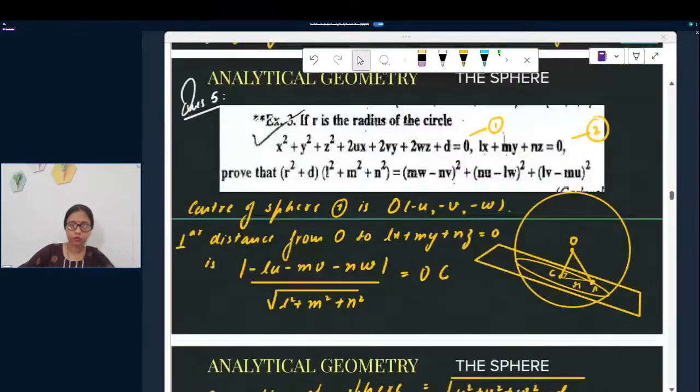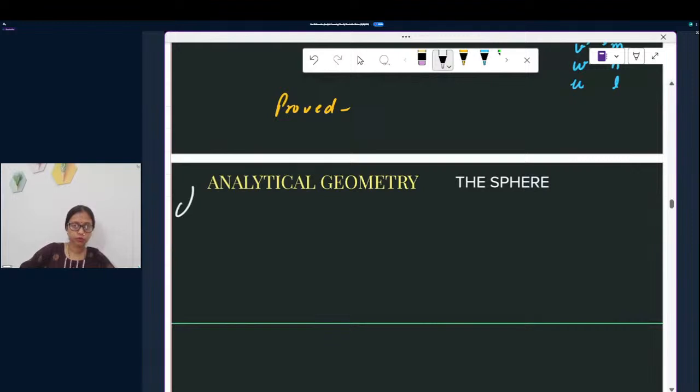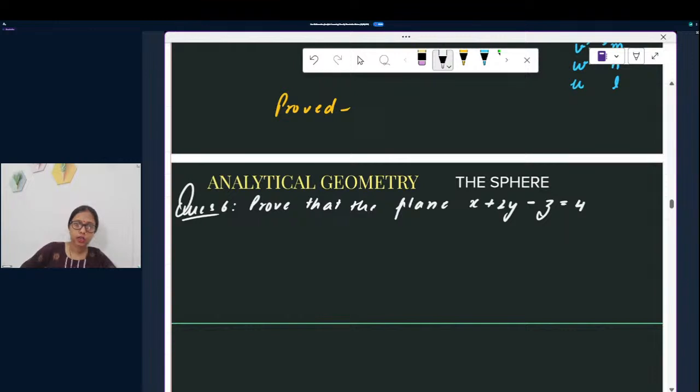Next, question number 6. Prove that the plane x plus 2y minus z equals 4 cuts the sphere x square plus y square plus z square minus x plus z minus 2 equals 0.